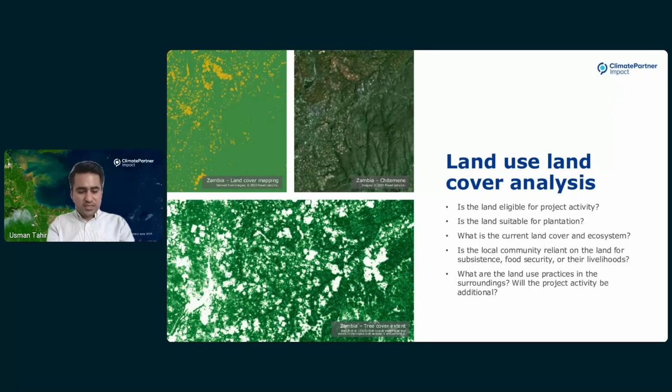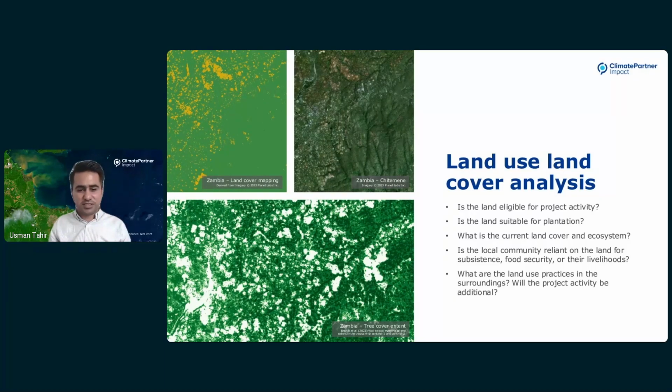So to dig deeper, we used very high resolution imagery and also did some literature review to see what exactly is happening on the ground, and to see if the project activities that we are planning to do are applicable or not.